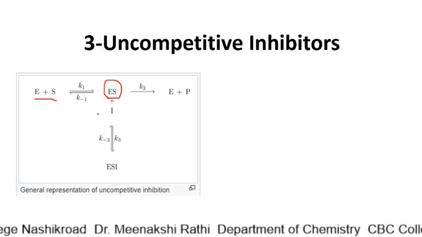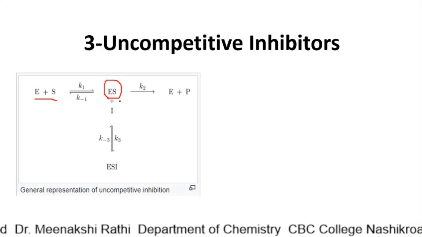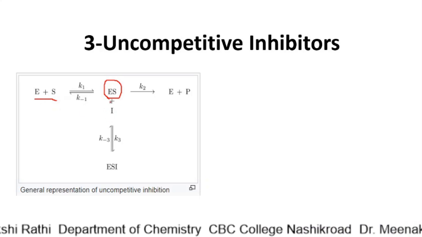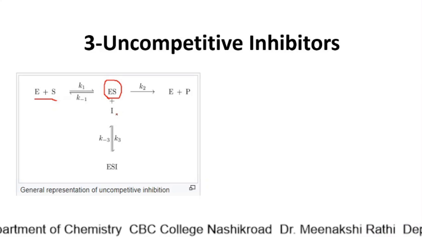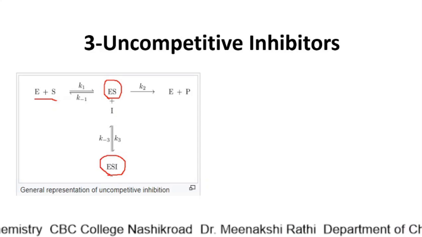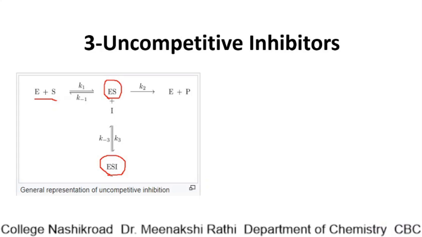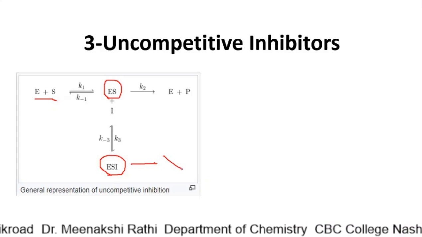Here the inhibitor is attacking the enzyme substrate complex, not directly the enzyme, and when it attacks the enzyme substrate complex, there is a formation of a new complex, that is enzyme substrate inhibitor complex, and there is no product formation.